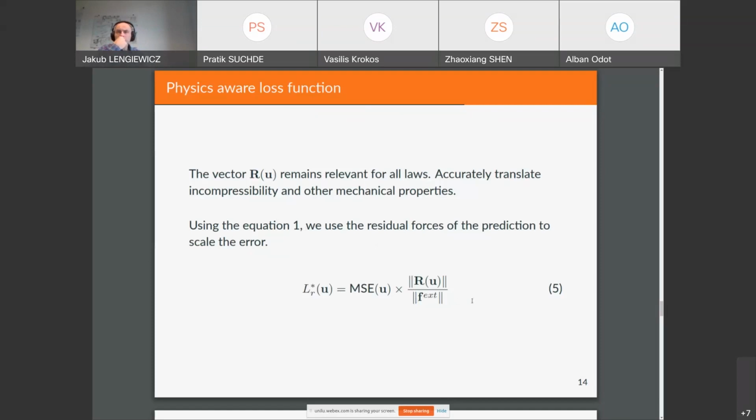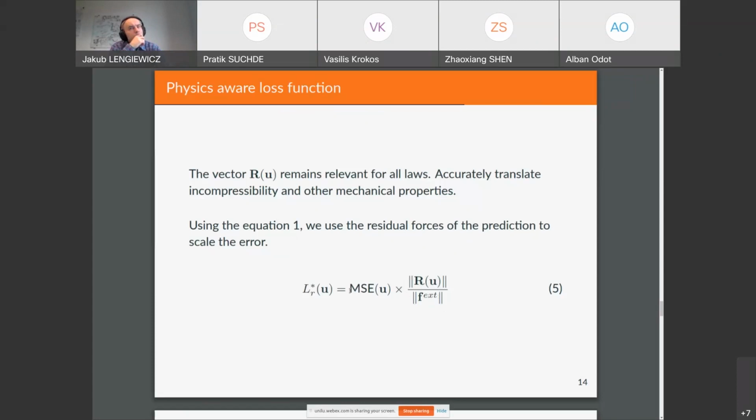I mean, we divide it by the external forces to remove from the equation, for example, the Young modulus of the system, because this can grow very quickly with a huge Young modulus.